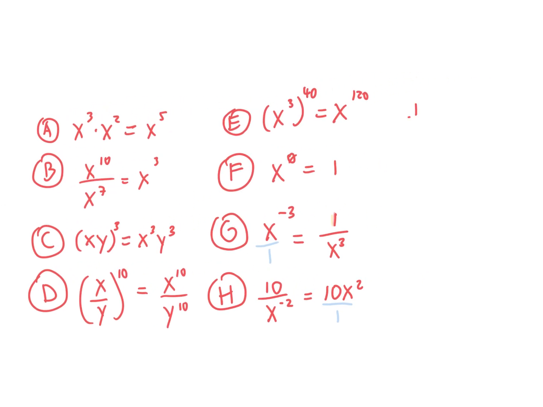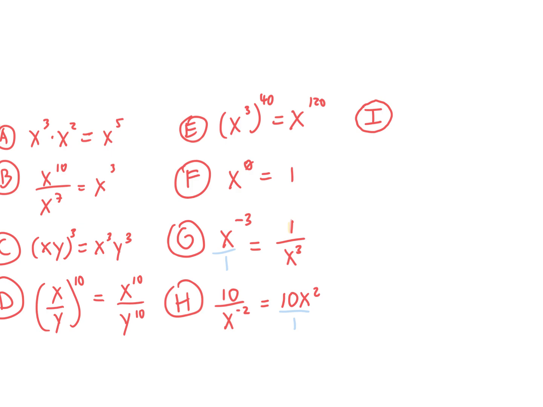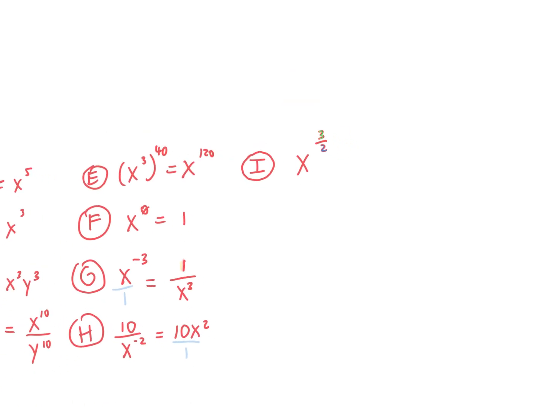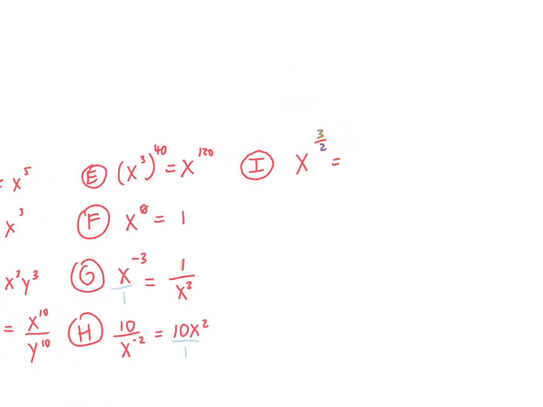Okay, looking at this. This is one that I did mention to my student yesterday, but upon looking at the review sheet, I see that this is going to come up. And that is any time you have a thing raised to a fraction, we'll call this the blue 2, and we will call this the green 3. Anytime you have that scenario, you can put a radical on it.